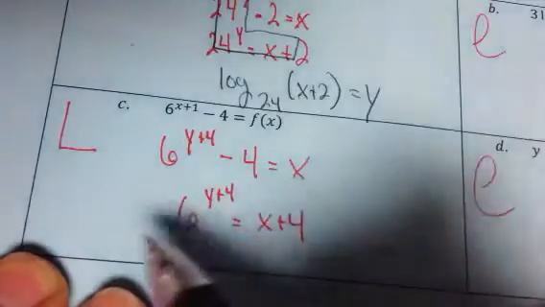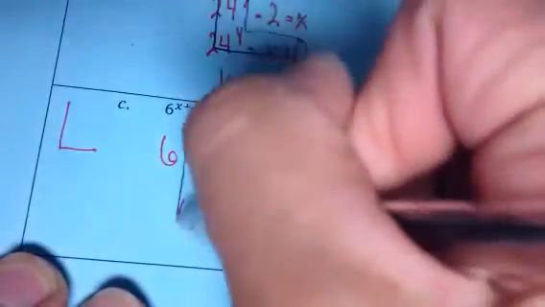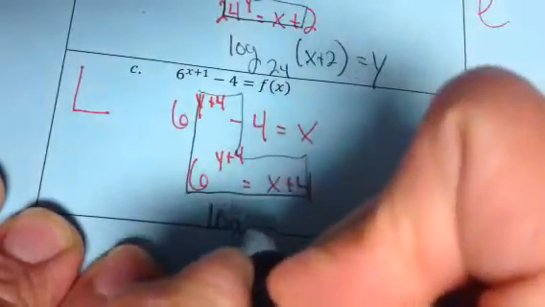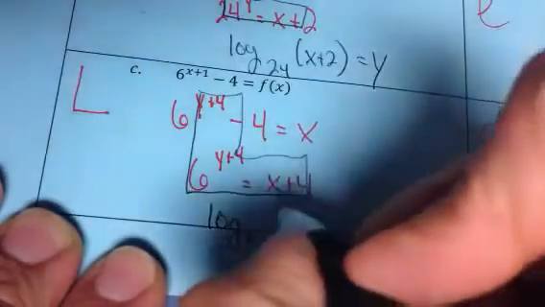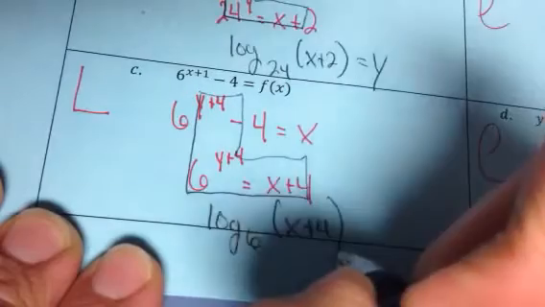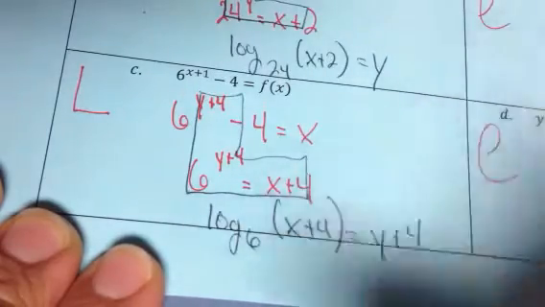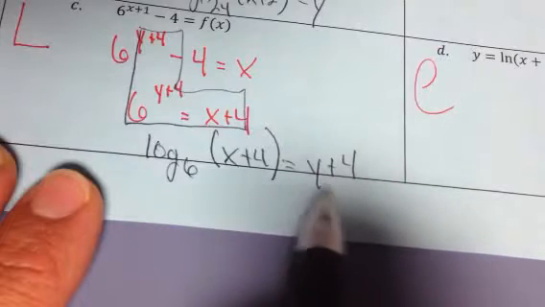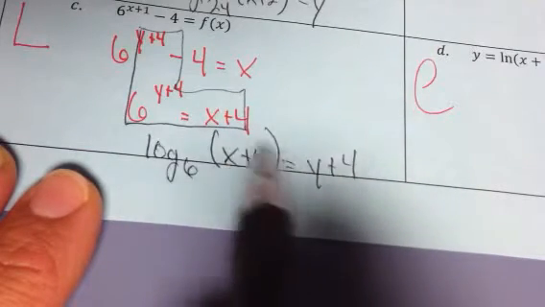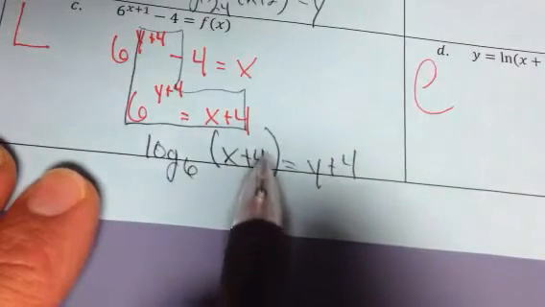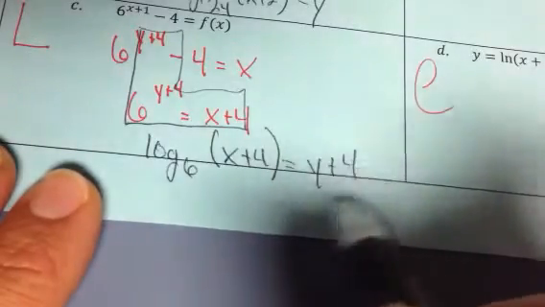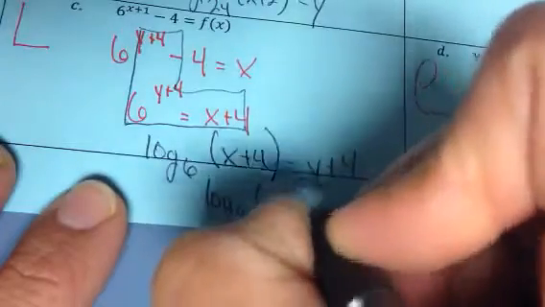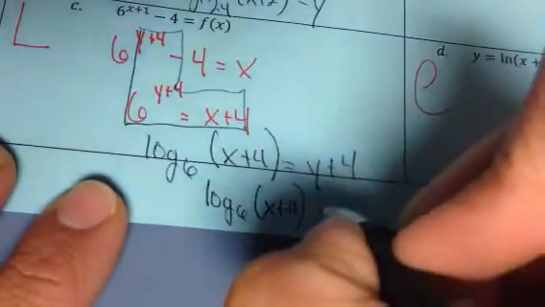And now that it's just the base and the exponent, you can make your L. So it's going to be log with the 6, and then x plus 4, I'm going to put it in parentheses, equals y plus 4. And now it's still not ready because it's not y equals everything, so I'm going to move the 4 over. And this is part of the log, so when I move the 4 over, it will not affect that 4. So I'm going to move the 4 over by subtracting it, so it's log 6 with the x plus 4, and then I just subtract 4.